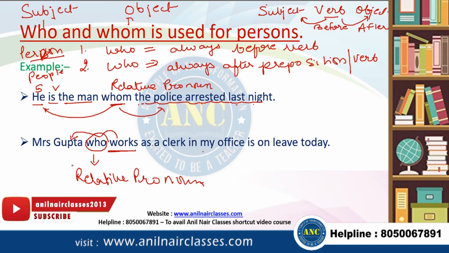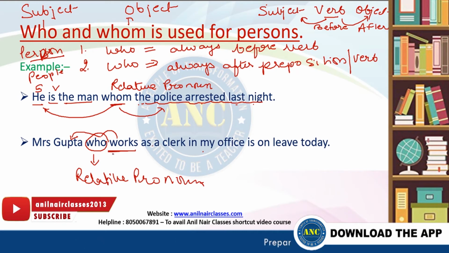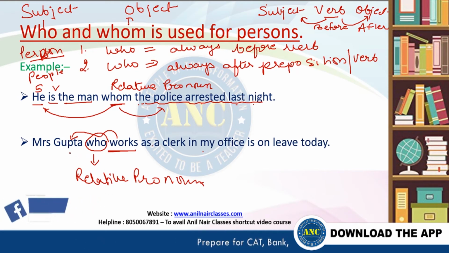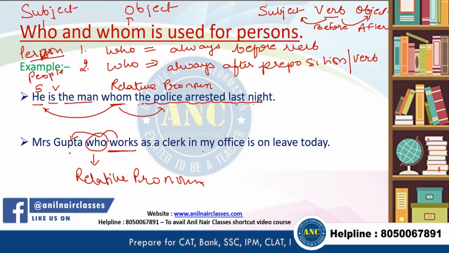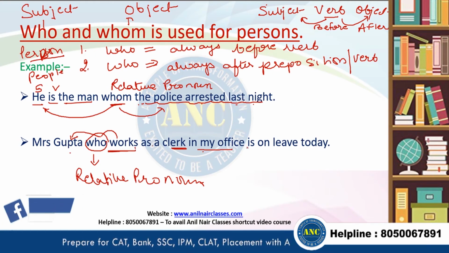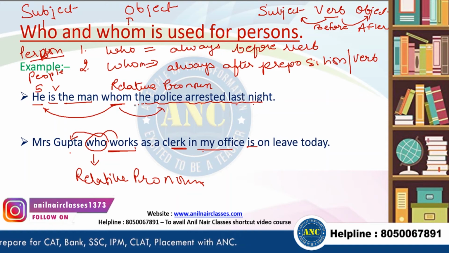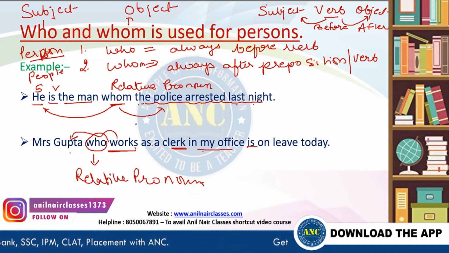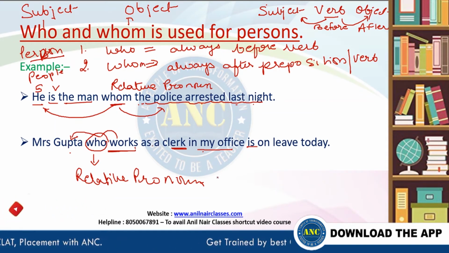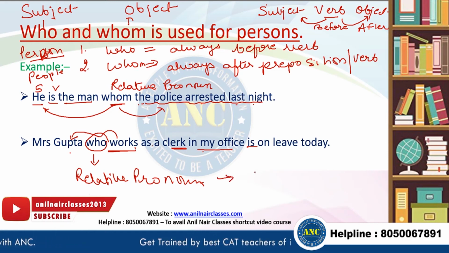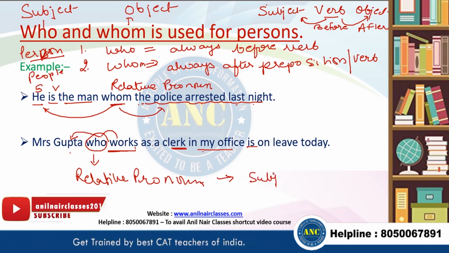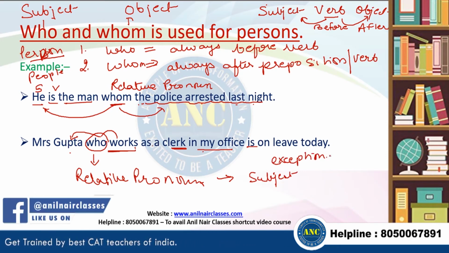Clear? That's why it is there before works. Who works? Mrs. Gupta works. As what? As a clerk in my office, and is on leave. So when it is acting as a relative pronoun, then it could be the subject also. Fine. Let's move ahead to the next slide.